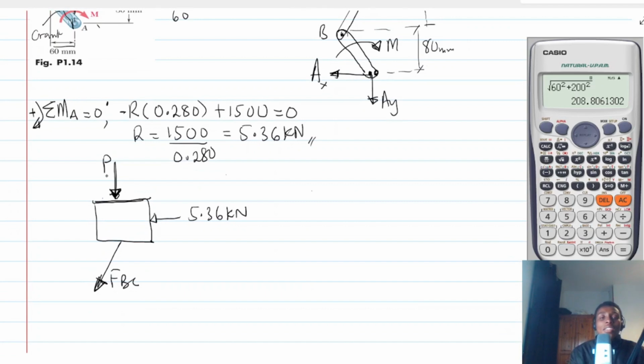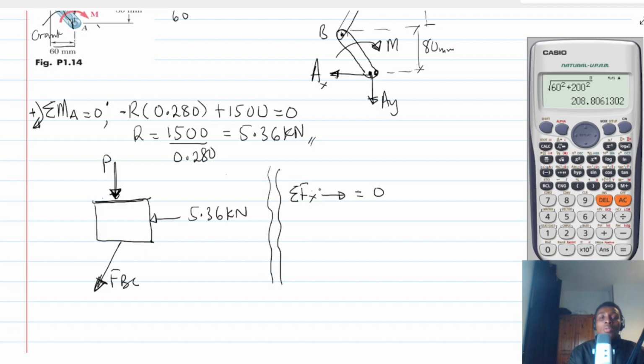So what you will do is that basically, if this system is in equilibrium, then summation of forces will be 0. Okay. So summation of forces along the x will be 0.